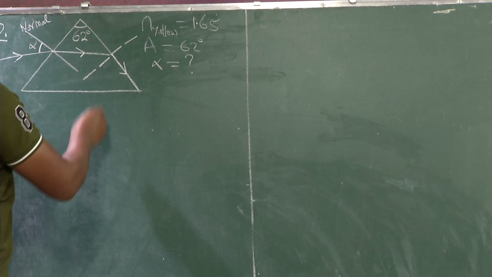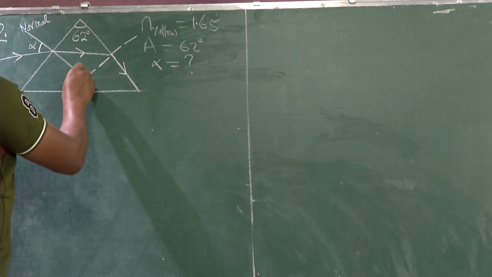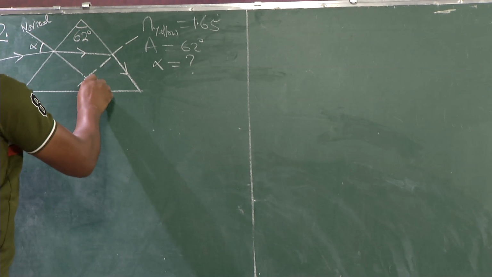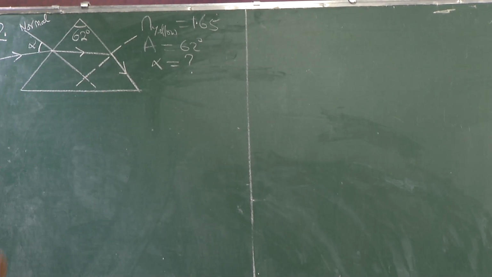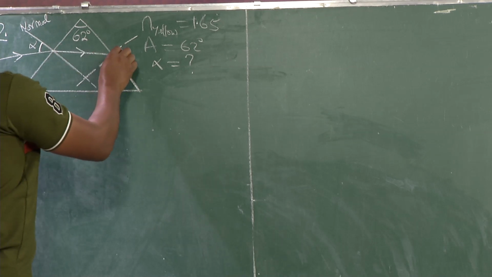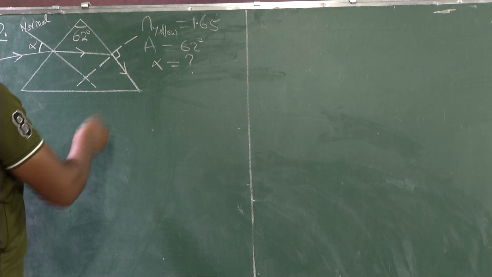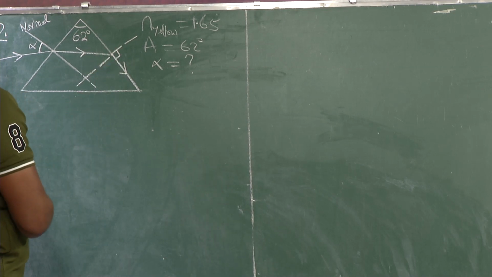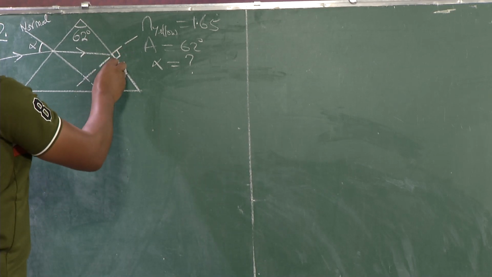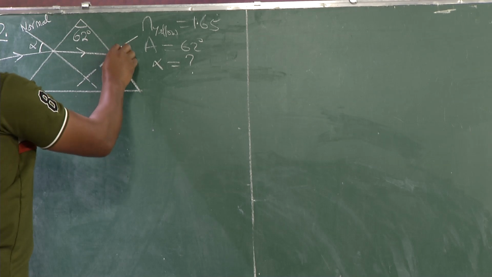So this is the question approach: the smallest angle of incidence, which I'm calling alpha, that will allow light not to be totally internally refracted, is going to be obtained by considering that light will graze here, implying that the angle of emergence here is 90.